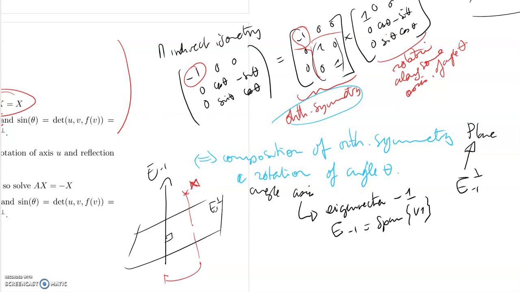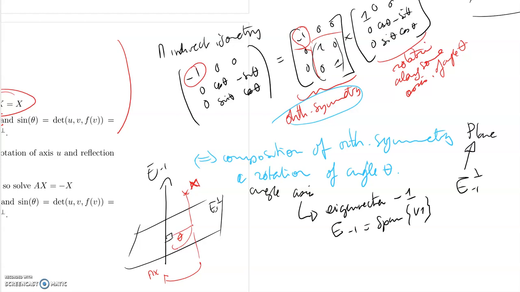Let's say my point is called x, and that should be mx. So again, we're doing some rotation around this axis, of some angle theta, but we add the reflection with respect to the plane E -1 orthogonal.